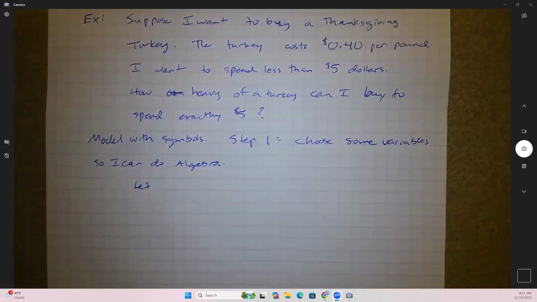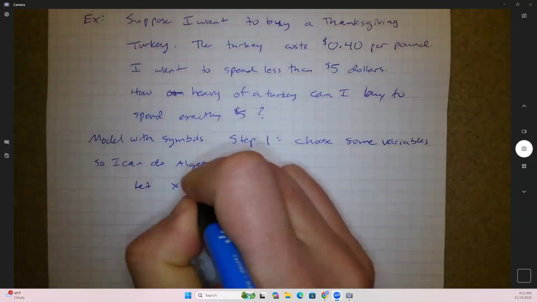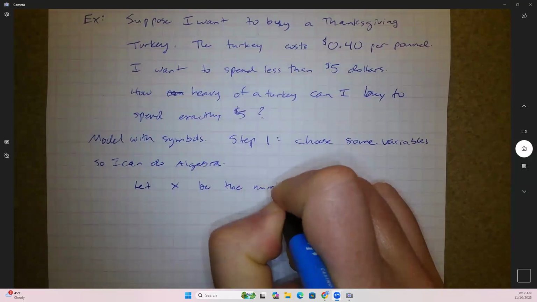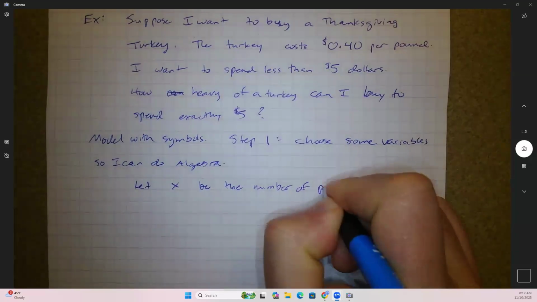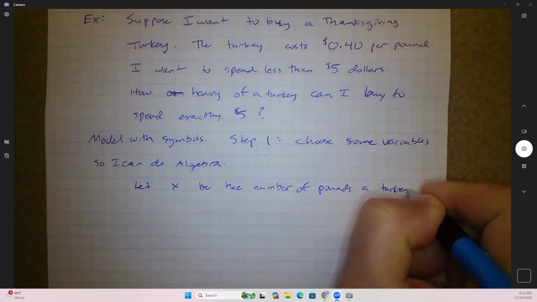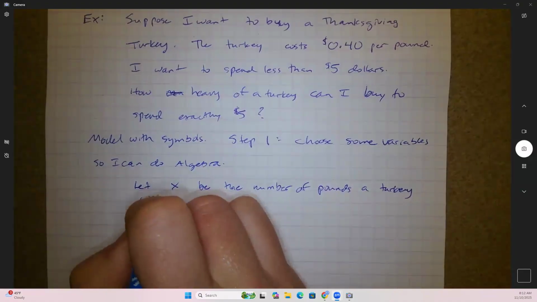Often books, often different people use different letters that maybe match the word that I'm modeling. Maybe T for turkey or P for pound. But as long as you're defining it, you can pick any letter. And I like the consistency of choosing X when I can. Let X be the number of pounds a turkey weighs.